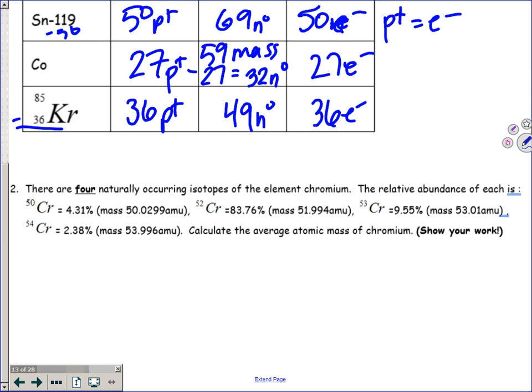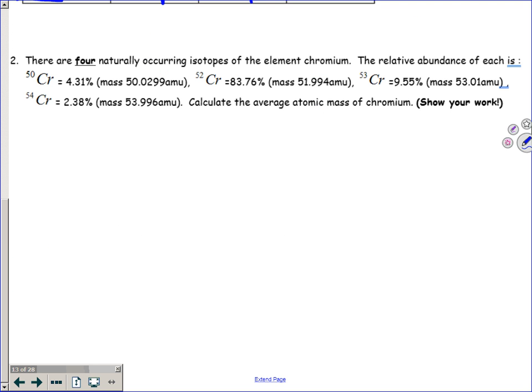How would we go about calculating average atomic mass? Do not say this out loud. Talk to your partner first. All right, you guys calculate the first isotope, the 50.